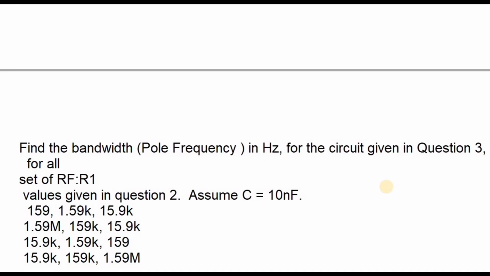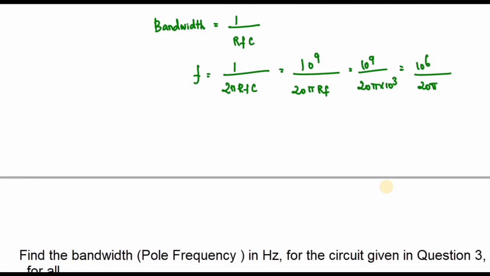If I solve, if I take it as 100, it is 10 power 4 into 5 divided by pi. So 5 divided by pi.